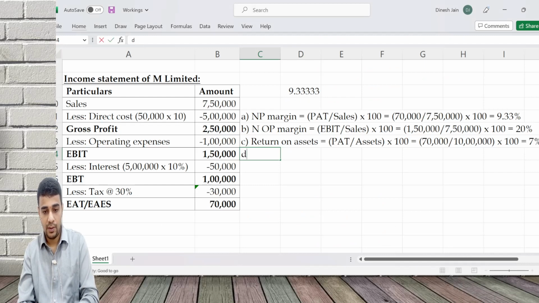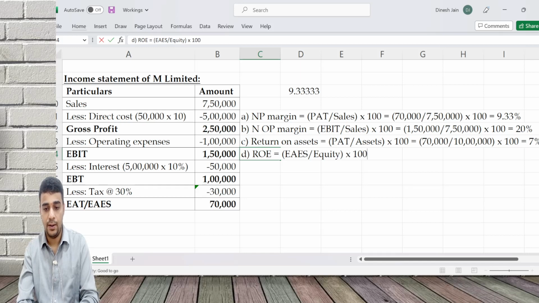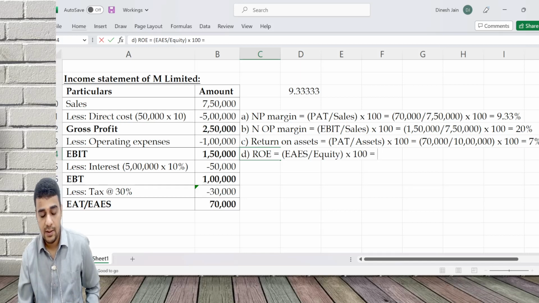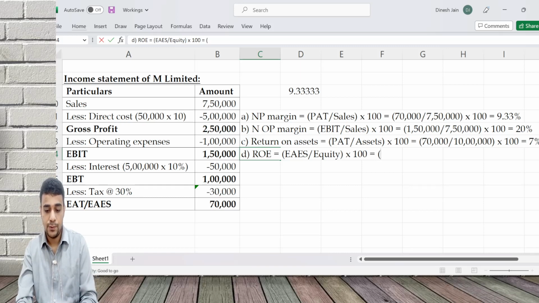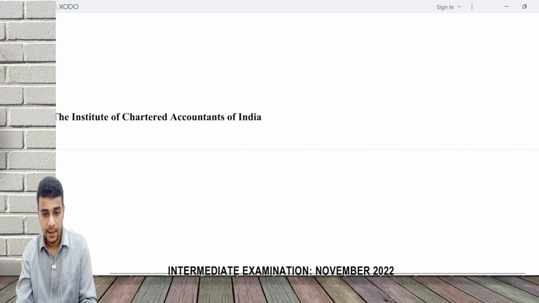Then ROE is equal to EAES by amount of equity into 100. EAES is PAT in this question because there is no preference dividend. So 70,000 divided by the equity figure.